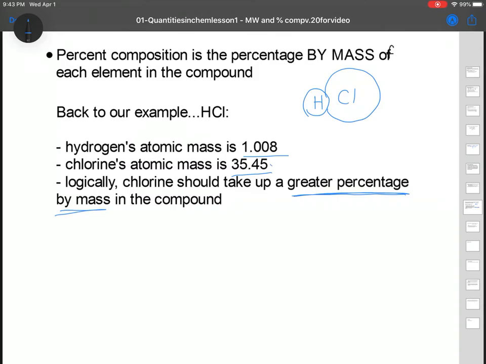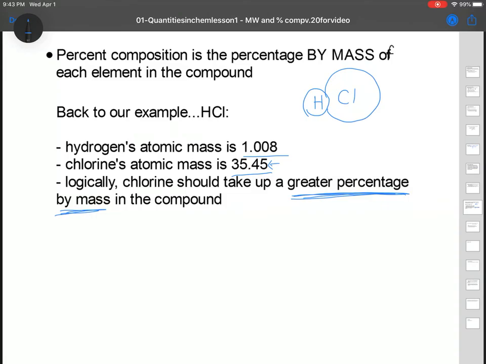Now, the mass comes from the number of protons and neutrons. So the more protons, the bigger the mass is. And we talked all about that in the periodic trends. So yes, chlorine is a bigger atom. So it is a much better way to represent the composition of hydrogen chloride than just doing the number.